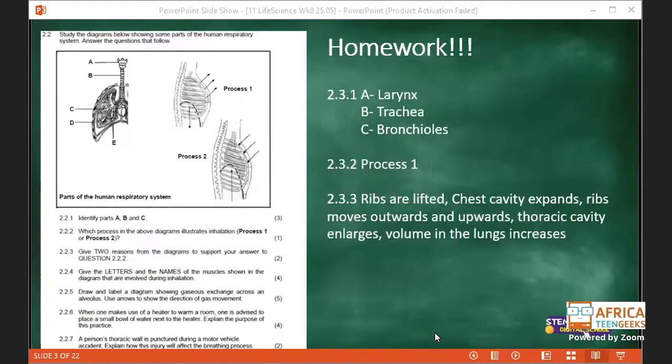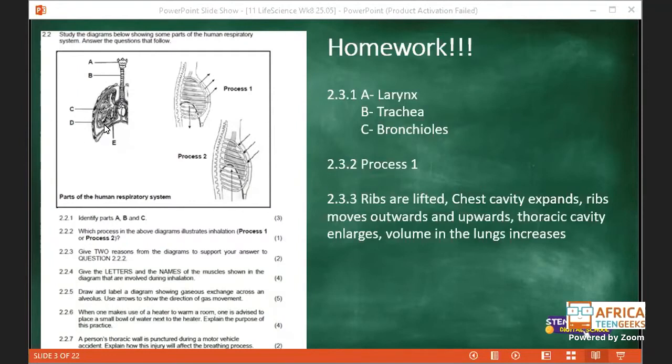You guys can just give me the letters, but if you can, just write down the letter and the name of the muscle. Remember, we are looking at this diagram here. Okay, Kai says E. It's the diaphragm.